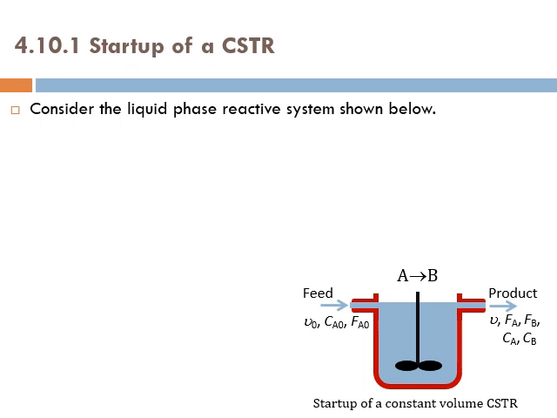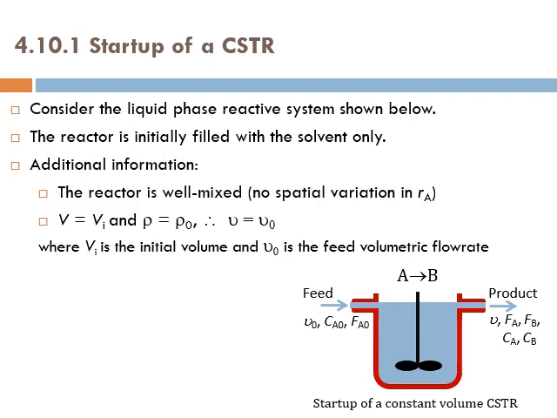So let's consider the liquid phase reactive system shown below. Here we have a constant volume CSTR which is going through a startup. The reactor is initially filled with the solvent only. Some additional information: the reactor is well mixed, so we don't have any spatial variation in the rate of reaction.